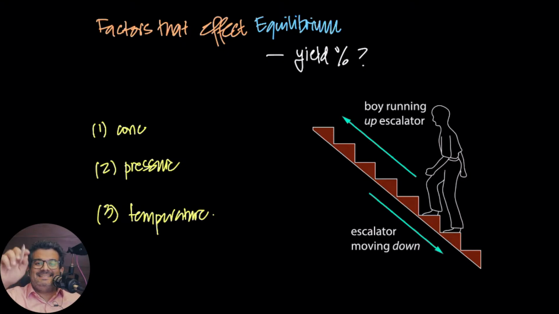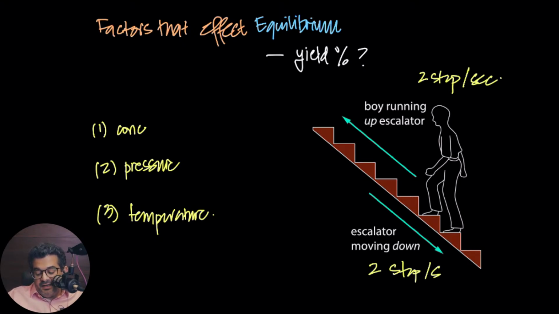If the rate is exactly the same, say the boy is going 2 steps per second, which is very fast, and the escalator is also moving down 2 steps per second, the rate in one direction is 2 steps per second and the rate in the opposite direction is also 2 steps per second.